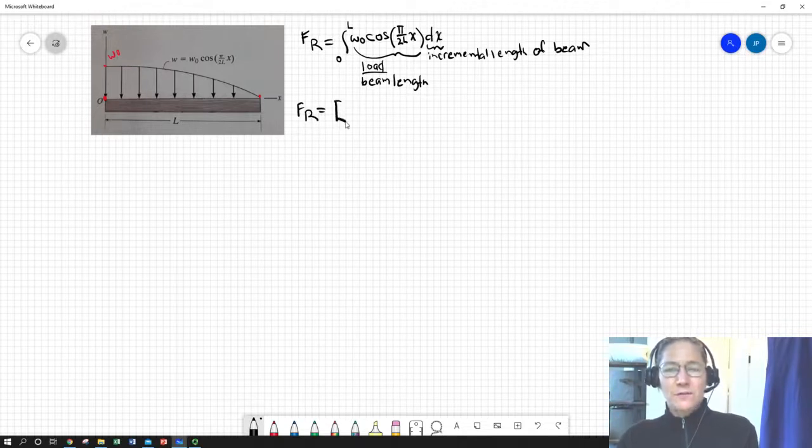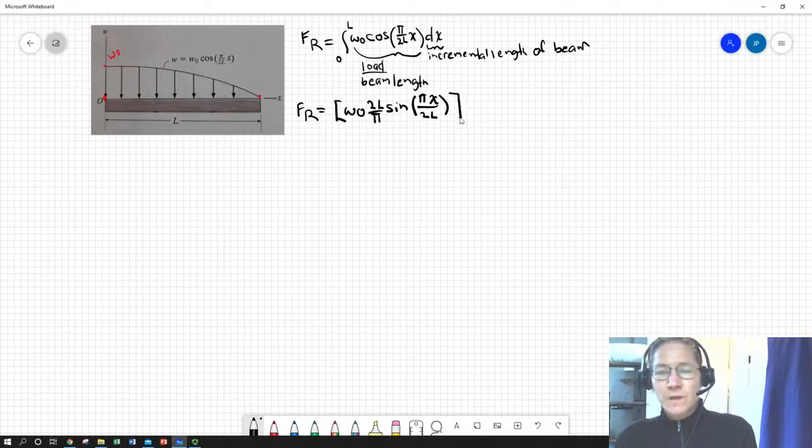that integral, which should be W0, there's our constant, and the integral of cosine is sine. Of course we have to put a multiplier out front to account for the fact that we don't just have x in the argument of the cosine. Before we put our limits of integration back in, let's take a really quick check and make sure that if we take the derivative of this, we get the argument of our integral.